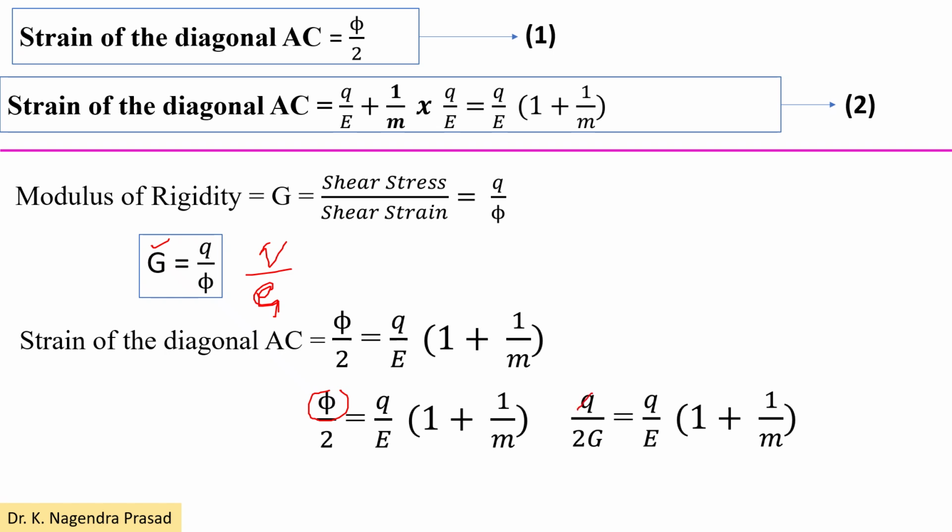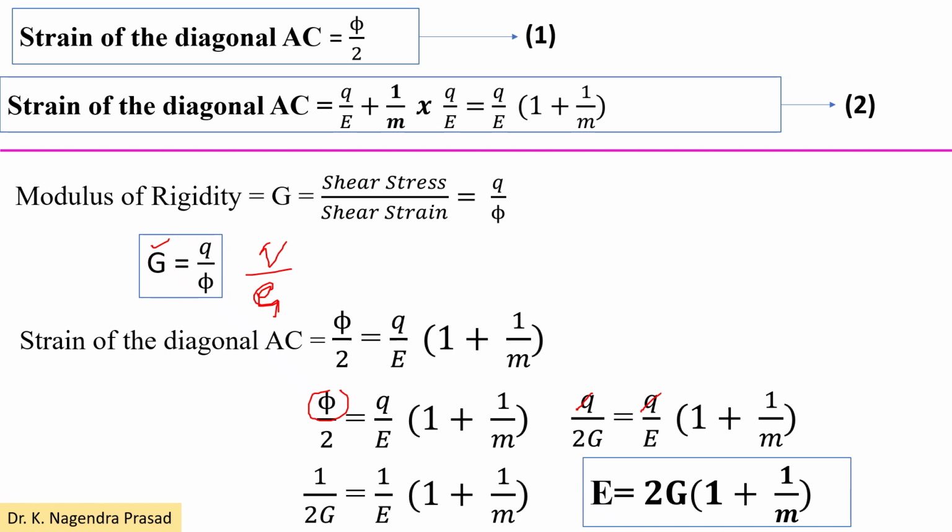Here small q will cancel. Then 1 by 2G equals 1 by E into 1 plus 1 by m. So this equation can be written as E equals 2G into 1 plus 1 by m. This is the relationship between the modulus of elasticity, capital E, and the modulus of rigidity, capital G.